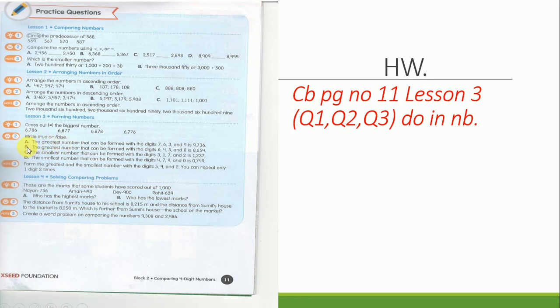Question number A, if you read that, it is given, the greatest number that can be formed with digits 7, 6, 3 and 9 is 9736. So you write the digits separately and identify the greatest number from that, and the given answer is true or false. You have to write it. Okay. Same way you have to complete all the questions. Okay. Thank you.